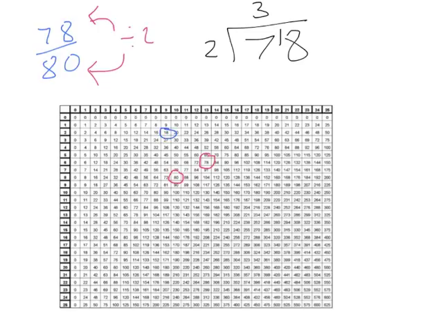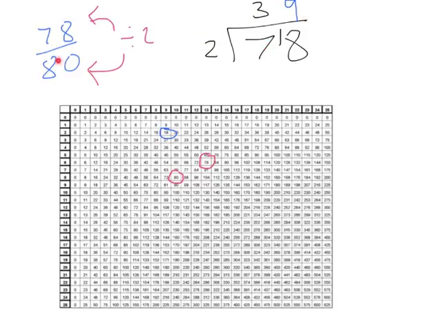And we know that the times table is also a division table, so we can find out that the number 18 divided by 2 equals 9. So actually 2 does go into 18 equally. 2 goes into 18 equally 9 times. Now, because it goes into the number 18 equally 9 times, there's no remainder left, which means that 78 divided by 2 is 39.